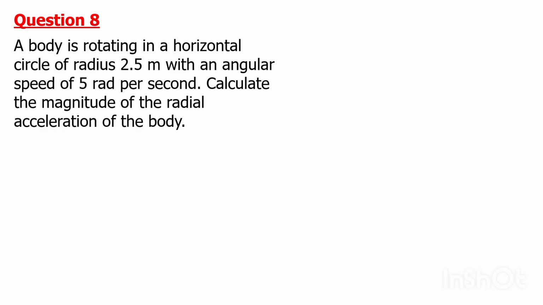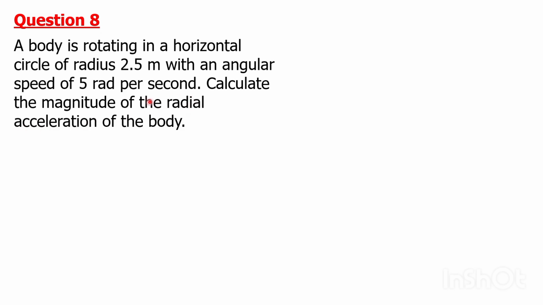Question number 8. A body is rotating in a circle of radius 2.5 meters with an angular speed of 5 rad per second. Calculate the magnitude of the radial acceleration of the body. Please, this word is still the acceleration a.